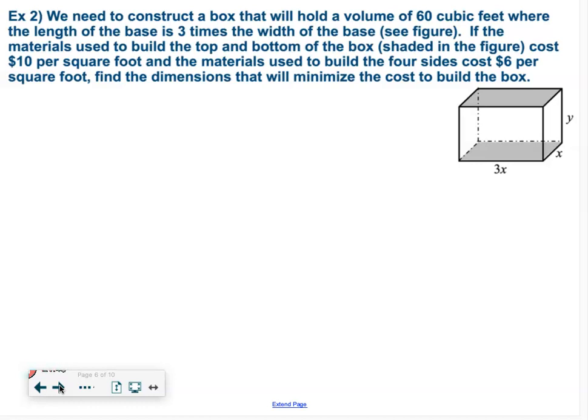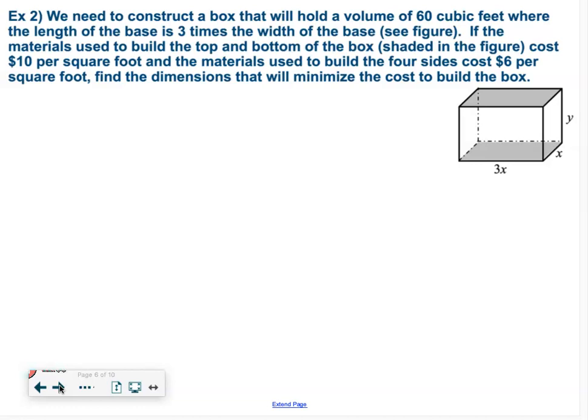So we already have a picture and it's labeled. So step 1 is done. Well, for me. For you guys, you have to put it in your notes. Step 2 is to write a primary equation. What am I trying to optimize? Cost.